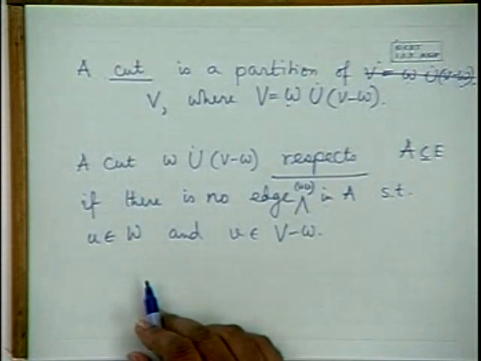Why is it called respects? It means all the edges of the edge set A are either within the set W or within the set V minus W. It does not have any edge which goes from one set to the other set.